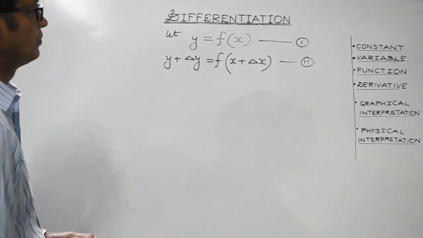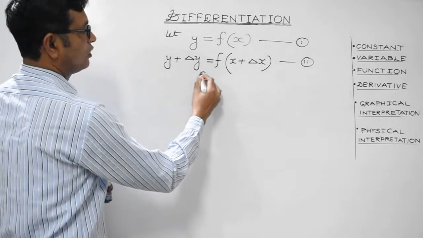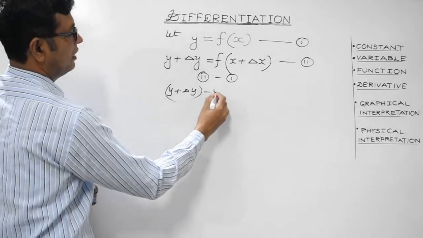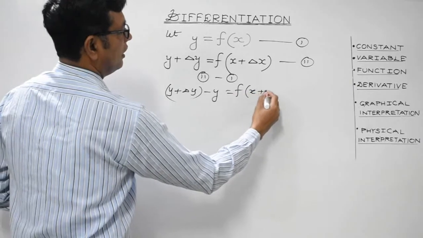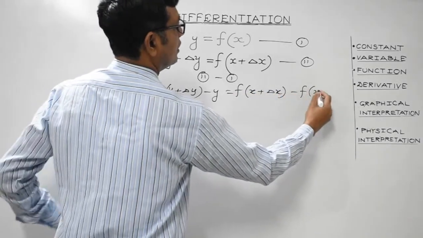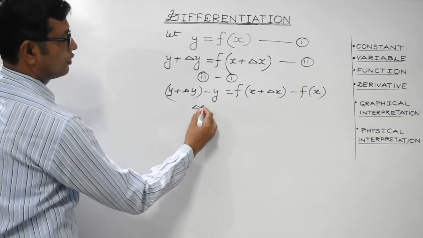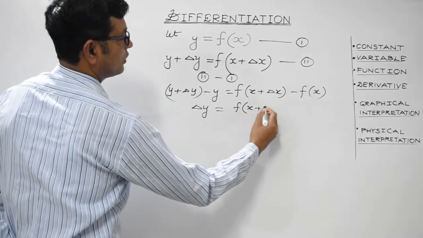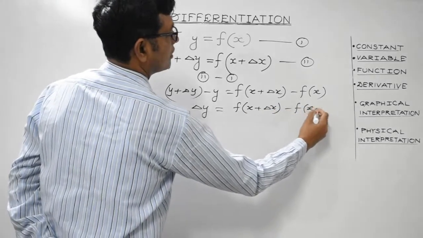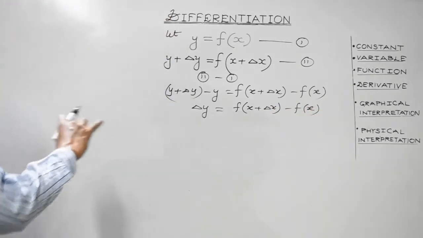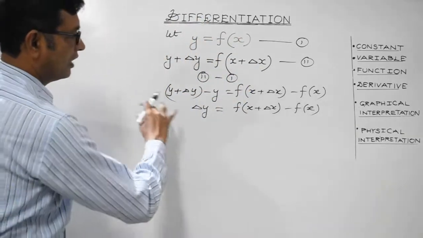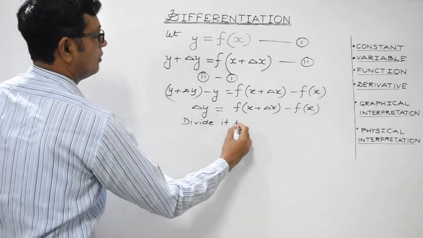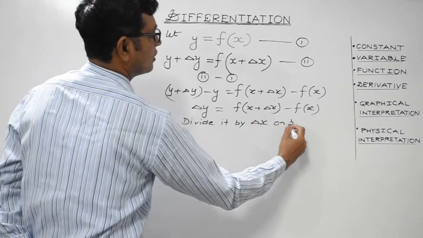Now let's subtract these two, second minus first. What you get is y plus del y minus y, equal to f of x plus del x minus f of x. So after solving, del y is equal to f of x plus del x minus f of x. Now let's divide throughout by del x.